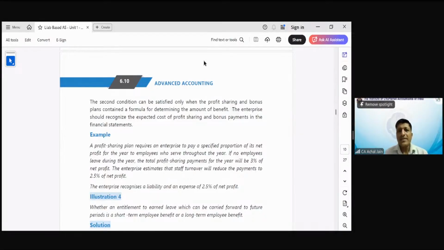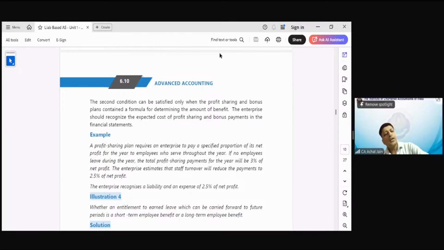Yes, sir. First of all, we will assume that the leaves are accumulating, and it can be short term and long term depending on whether it is accumulating for more than 12 months.